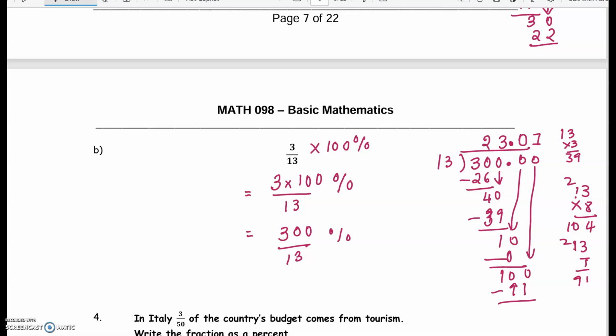I can subtract and I can keep going, but I don't need to go any further because I need to round this to the 10th place. So 23.07, and it goes on. But to the 10th place, rounding would mean look in the next place value and you go 23.1%.